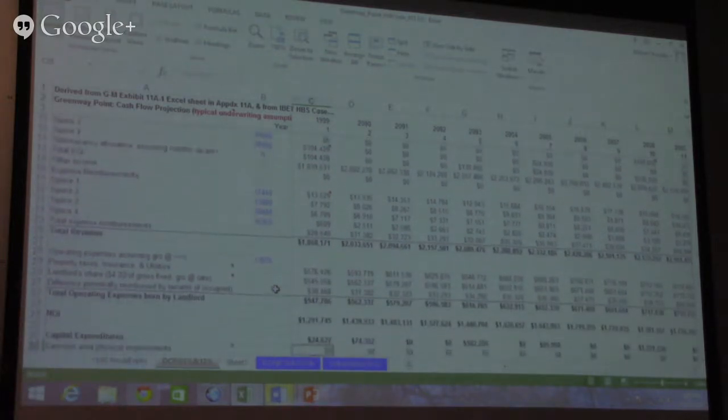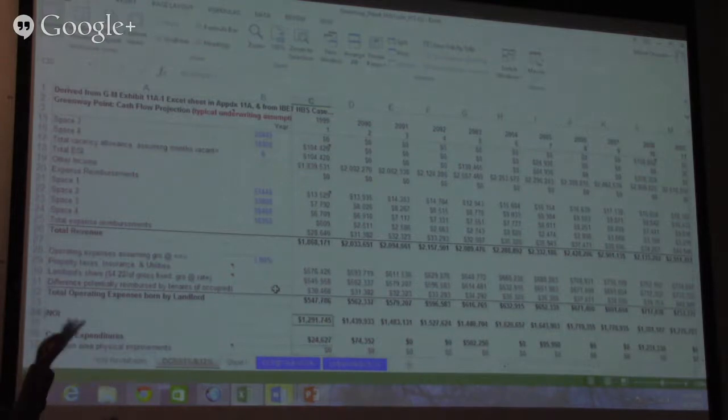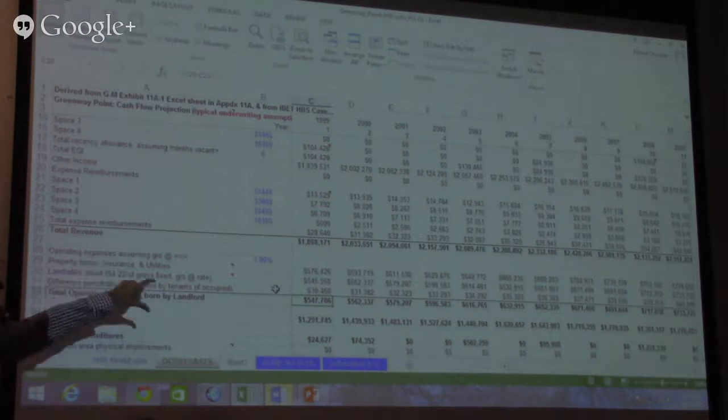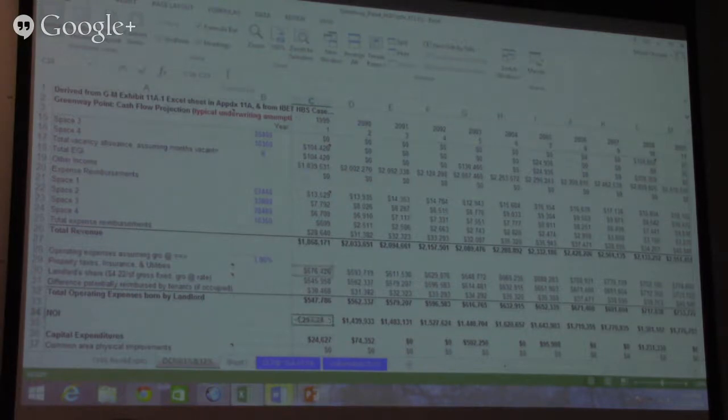Whatever the difference is between what the landlord is going to pay and what expense reimbursement you're going to get back, that difference should tally up and then be split amongst all the 4 spaces in the expense reimbursements. Finally, you arrive at your NOI, which is your total revenue minus your operating expenses. Is everyone on the same page until the NOI?